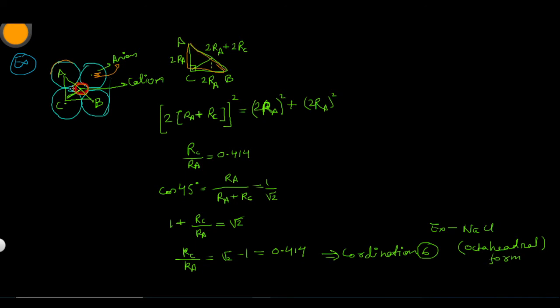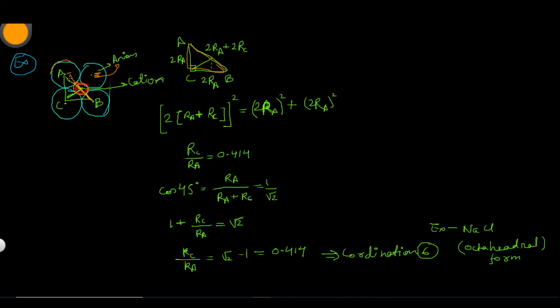Now you can see here the distance AB is, from here to here, RA, the radius of one anion, and the radius of cation up here. So 2 times radius of cation plus radius of another anion.